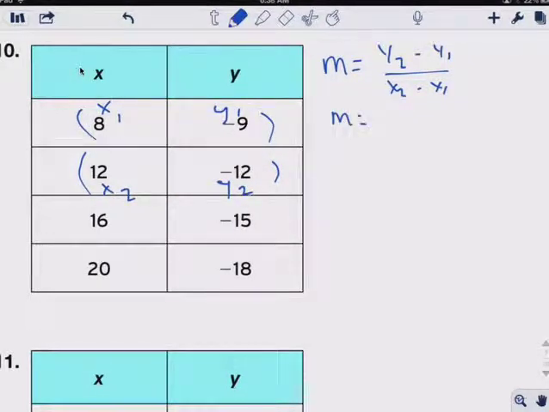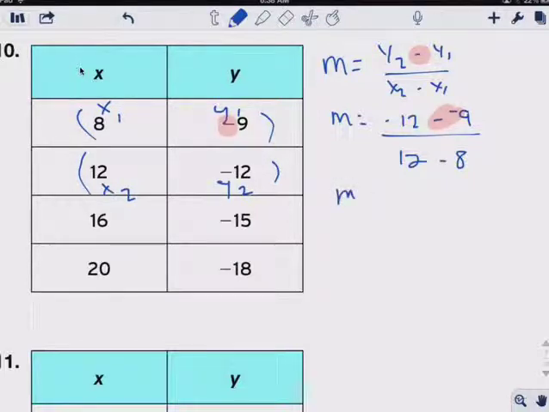That is, y2 is negative 12 minus a negative 9. Notice, minus a negative 9. It's a minus, then this number is a negative, over x2, which is 12 minus 8.